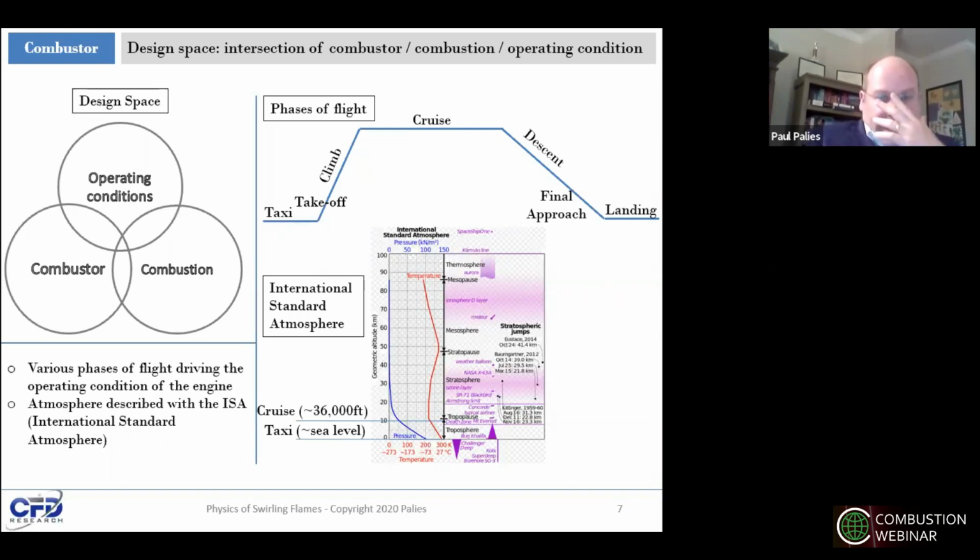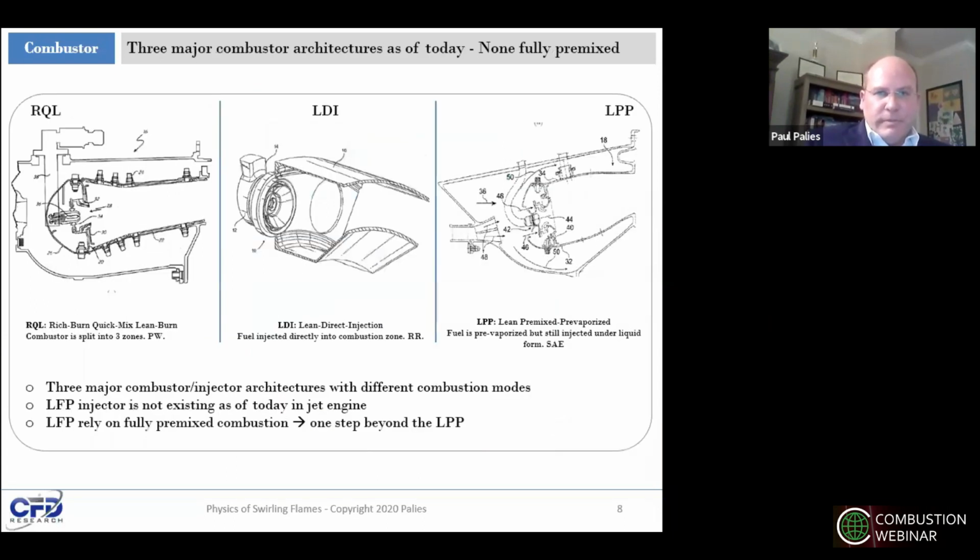And this, associated to the performance of the engine, will determine what static pressure and static temperature will be operating the combustor. So that will drive your flame speed, that will drive a lot of the physical processes at work in a premixed combustion system.